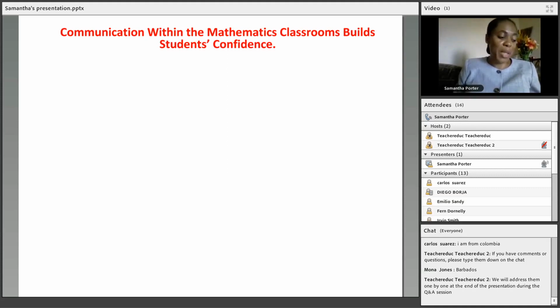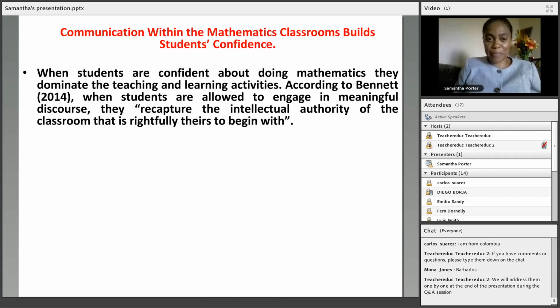You don't have to be the biggest, the best, or the brightest to have self-confidence. But we just have to believe that we are capable of doing our best and we are willing to take that risk. Now, giving students the opportunity to communicate within the classroom is taking that risk. And that risk builds self-confidence.